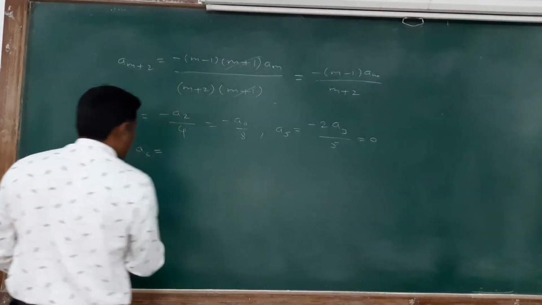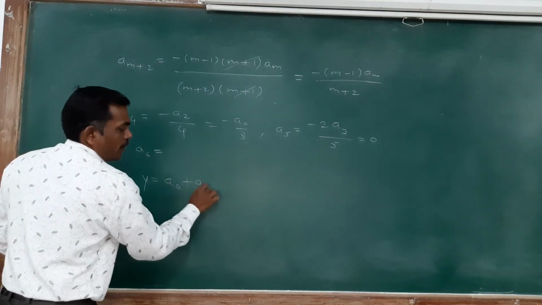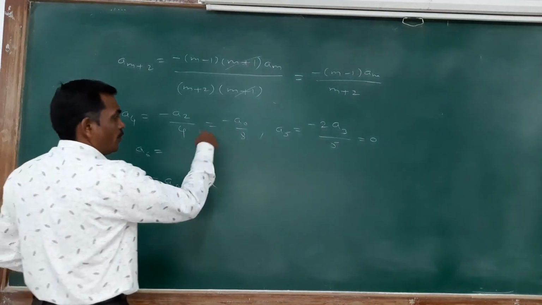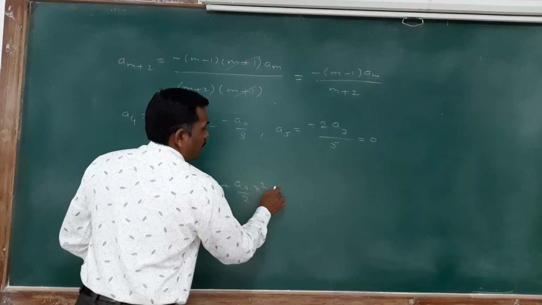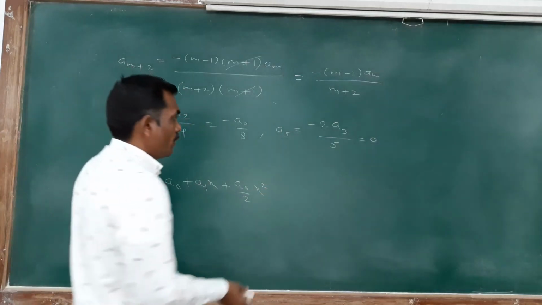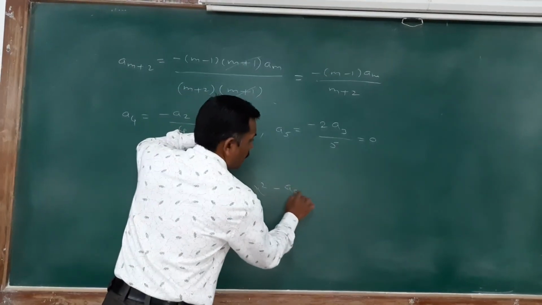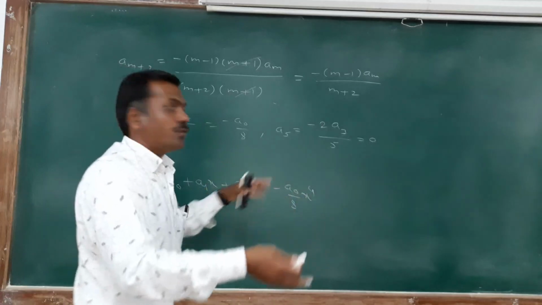So our final answer is y is equal to a0 plus a1x. Next one is plus a2x square. a2 is a0 upon 2, so a0 upon 2 x square. Plus a3, a3 is 0. a4 is minus a0 upon 8, x raised to 4. a5 is 0.